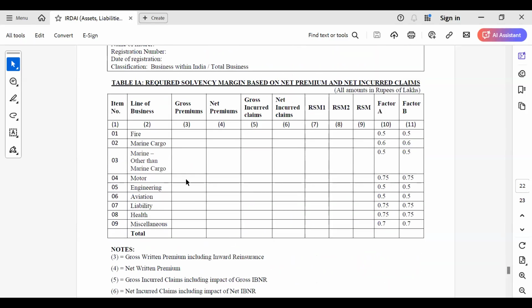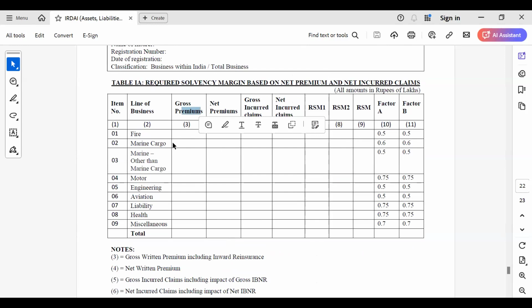So again, I'll just brief this. RSM1 and RSM2 have to be calculated. The higher of RSM1 or RSM2 will be the RSM. RSM1 is calculated on the basis of premium. RSM2 is calculated on the basis of claims. Premium means gross premium multiplied by factor, giving factored gross premium, and net premium.